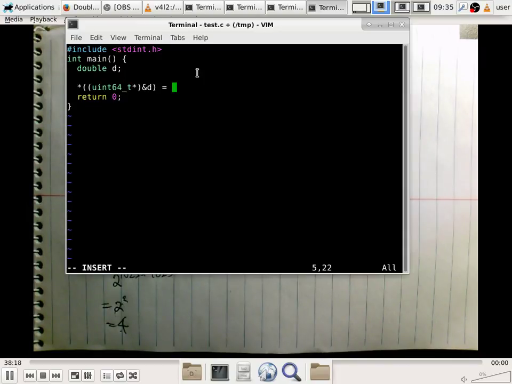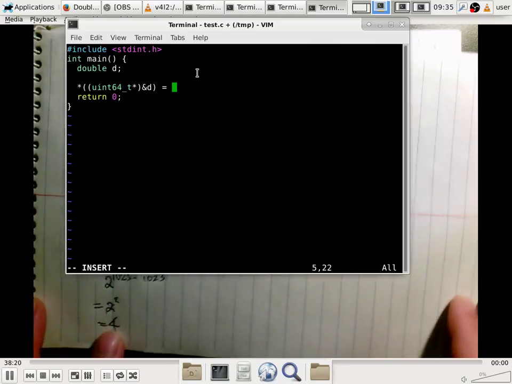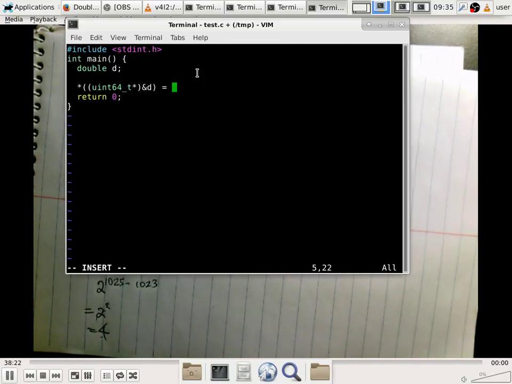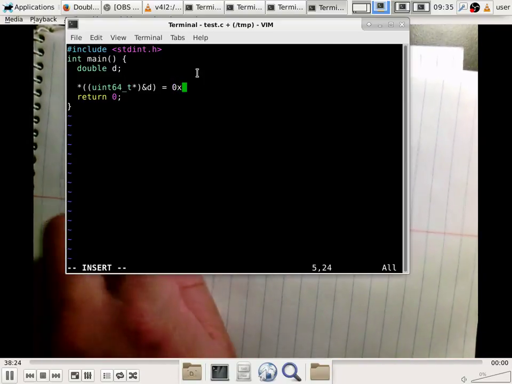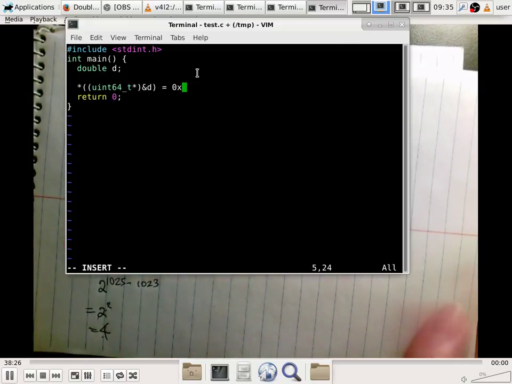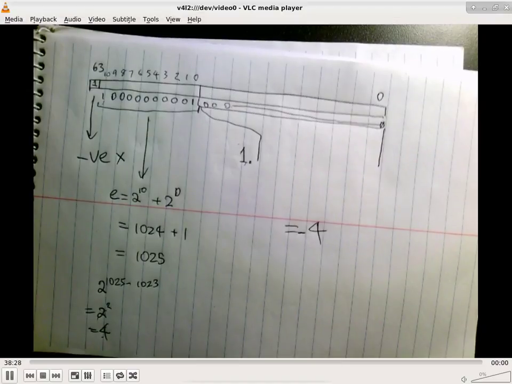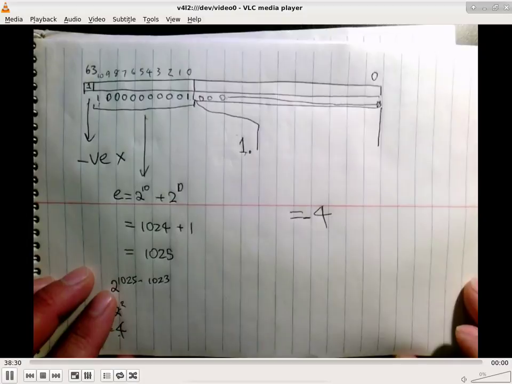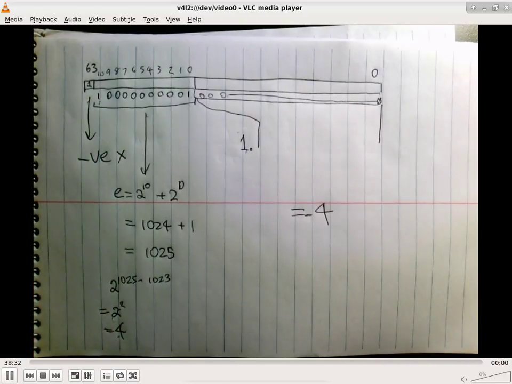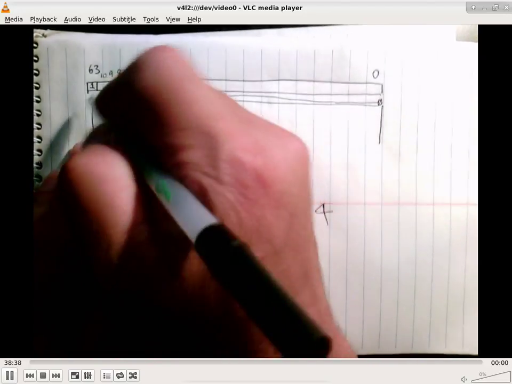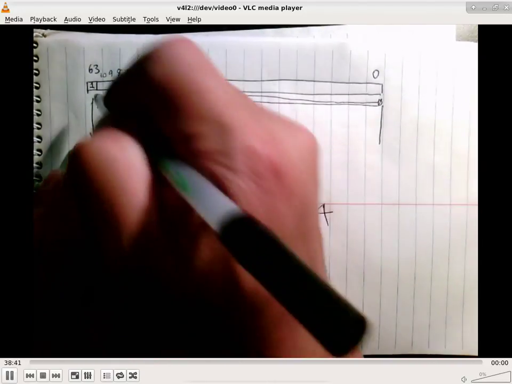Okay, I can read it off of my notebook here. I might as well show you guys how to do it. The way to do this is to turn it into a hexadecimal number. We haven't really talked about hexadecimal numbers, but they're really, really useful, especially for something like this. So what we do is we group the bits by groups of 4.